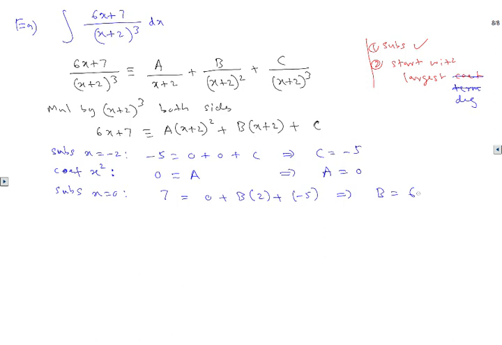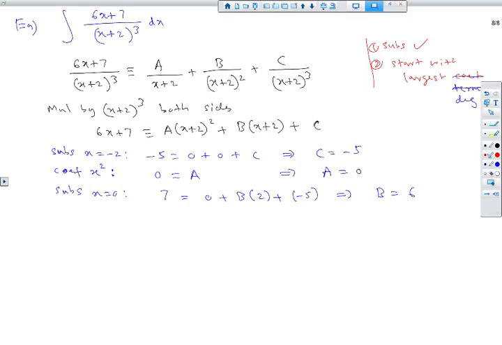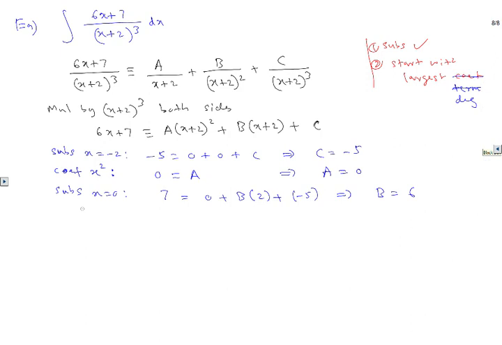Now we're going to go back to the problem and finish it. So we have the integral of 6x plus 7 over x plus 2 cubed dx.